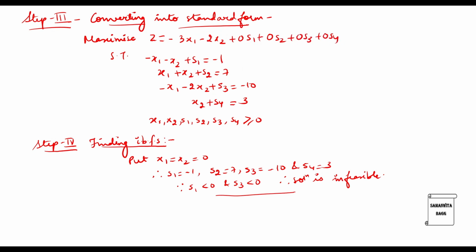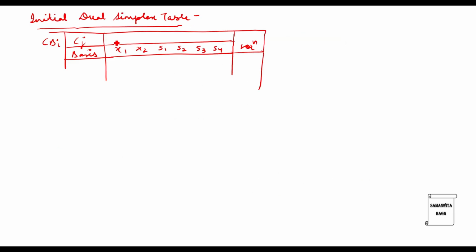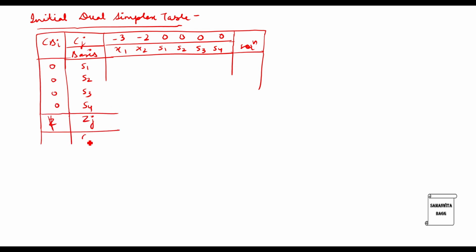So I'll write down the coefficients of each of them over here. It is minus 3, minus 2, 0, 0, 0, 0. The basic variables are s1, s2, s3, s4. The coefficients of each of them in the equation of z is 0. So I'll figure out what is Zj and Cj minus Zj.